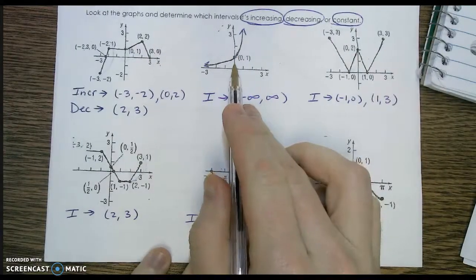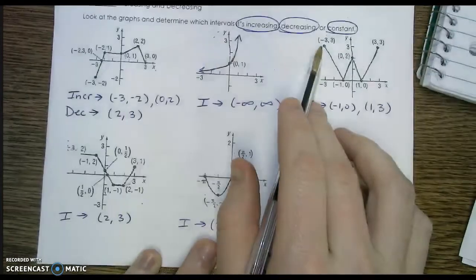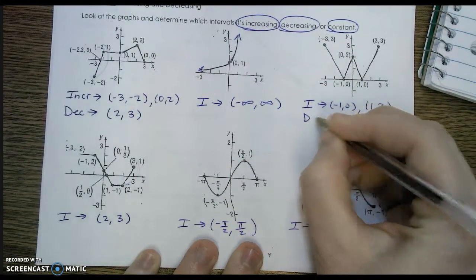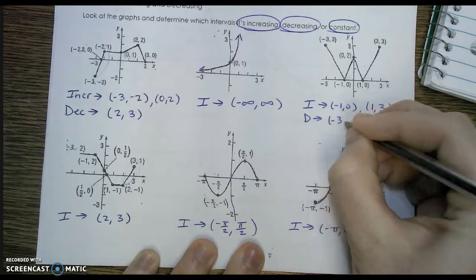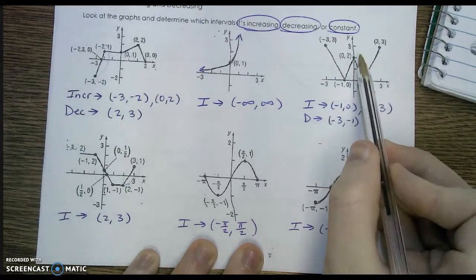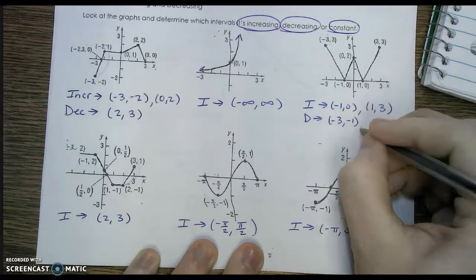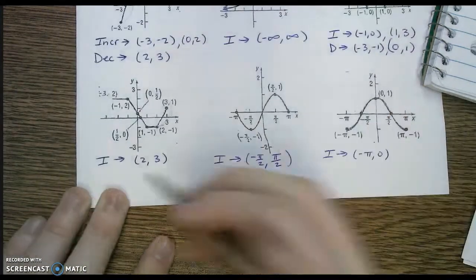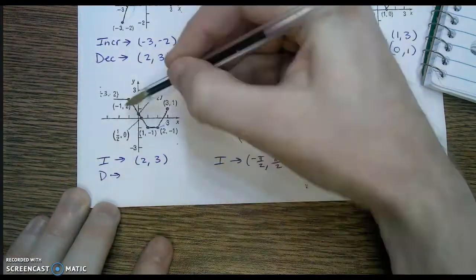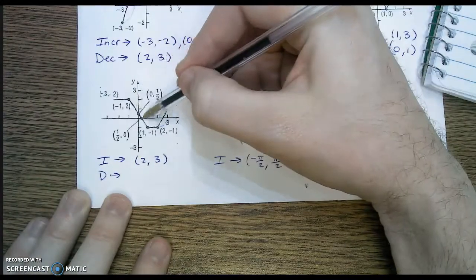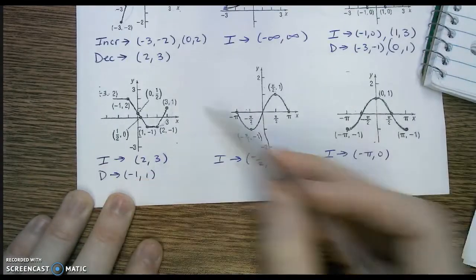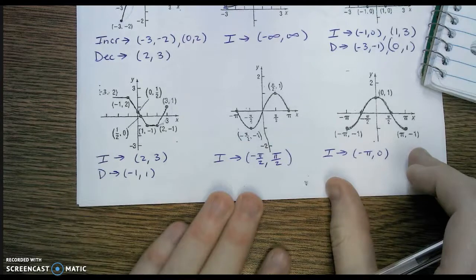This graph didn't decrease at all. This graph is decreasing here from -3 to -1. And it's decreasing again from 0 to 1. This graph, we've got decreasing from -1 to +1. And that would be the only spot.